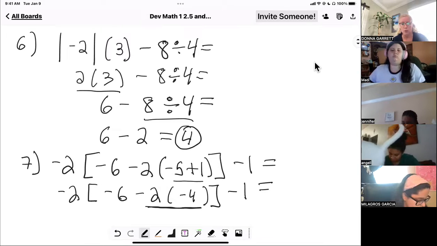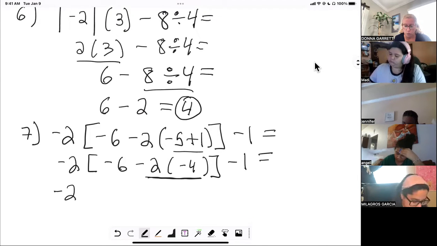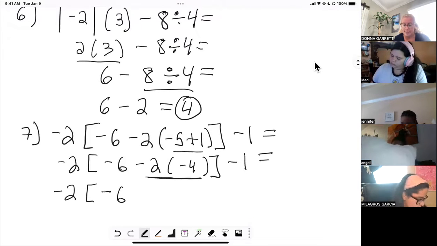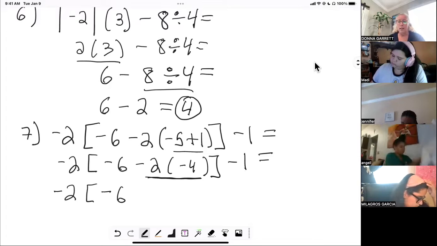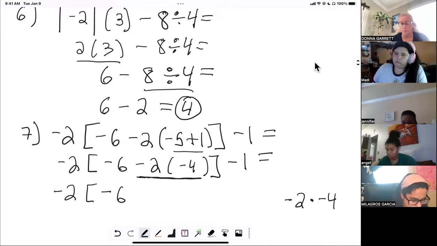We got to multiply before we subtract. -2 times -4. Now be really careful here too. Remember a minus is a negative, right? So in my eyes I see -2 times -4. Everybody see that? You don't see 2 times -4. I see -2 times -4. That's what you want to see. So -2 times -4 is a +8.